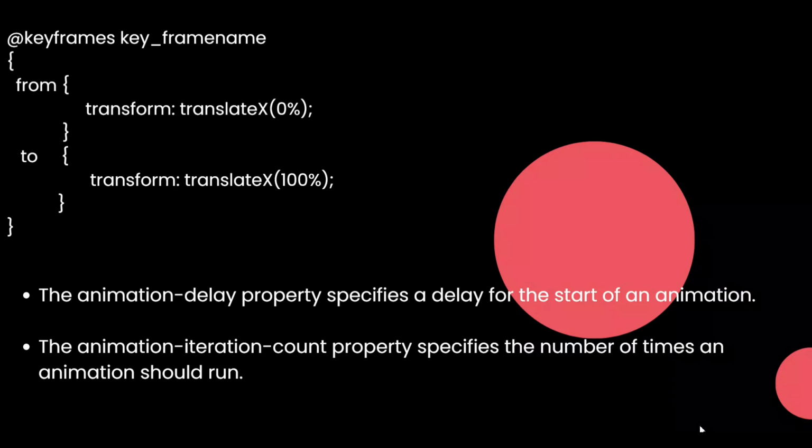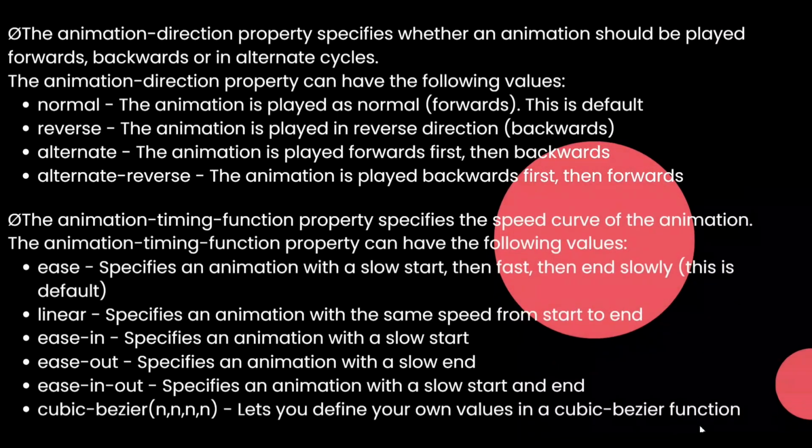Next, the animation delay property specifies a delay before the start of the animation. It means that it specifies the duration after which the animation should start. Next is the animation iteration count property, which specifies the number of times the animation should run. Next comes the animation direction property, which specifies whether the animation should be played backward, forward, or alternately.